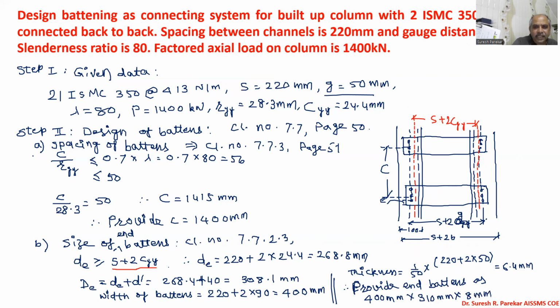Then we have part C, size of intermediate batten. Same clause, 7.7.2.3.